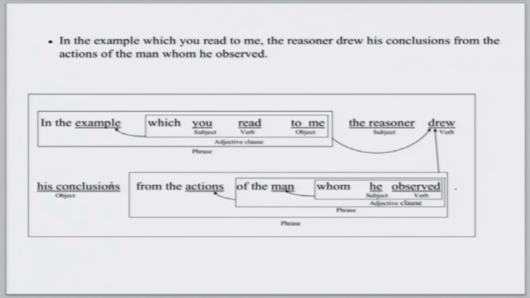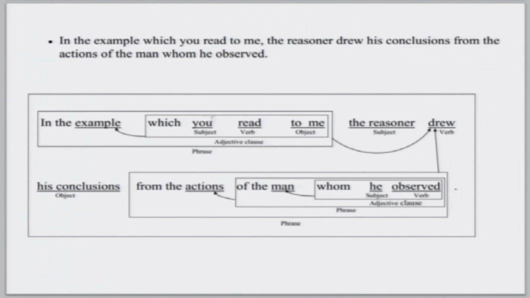Now, where did he draw it? In the example. Which example? Example which you read to me. Now, this "you read to me" could be a sentence. Now, "which you read to me" is particularly pointing out which example, restricting or qualifying the example.